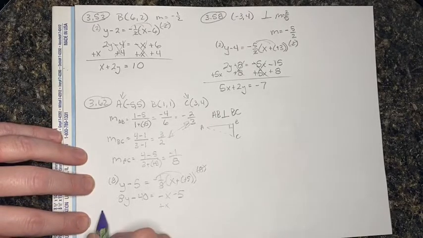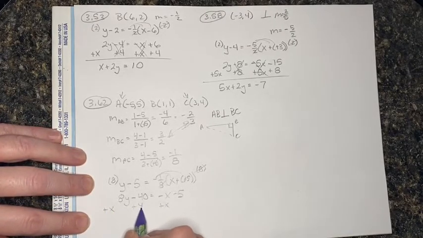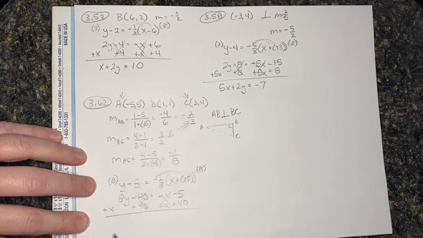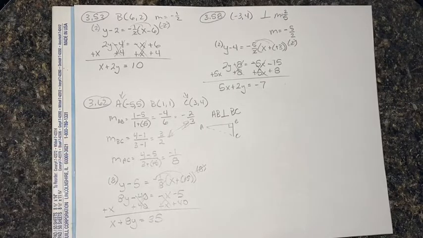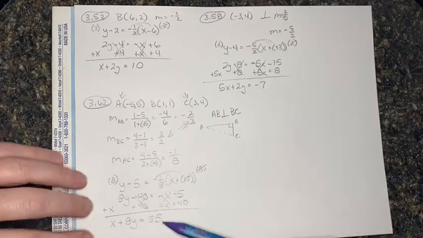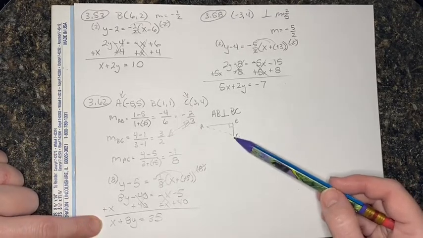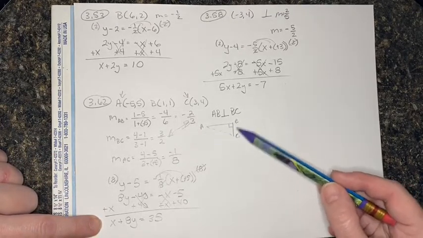Let's add our x to both sides and add our 40 to both sides, okay? Cancel, cancel. We are ending up with x plus 8y is equal to 35, okay? Here is the standard equation of a line containing the hypotenuse of this right triangle, okay?